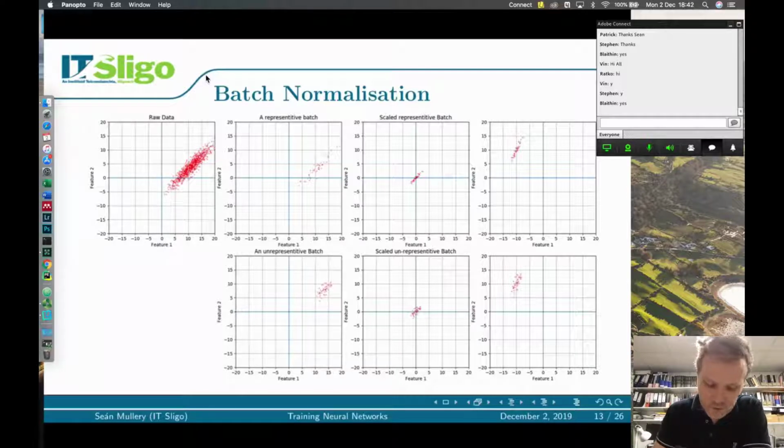Now when we get a batch, you can see that this batch might be quite representative, in other words, fairly well distributed across that full range. We're not seeing as much down here, but we're not too bad. This only goes as far as there, so we're fairly well covering that range. On the other hand, this would be a non-representative batch, where it's all up in this kind of region here, so it's not representing the overall data.